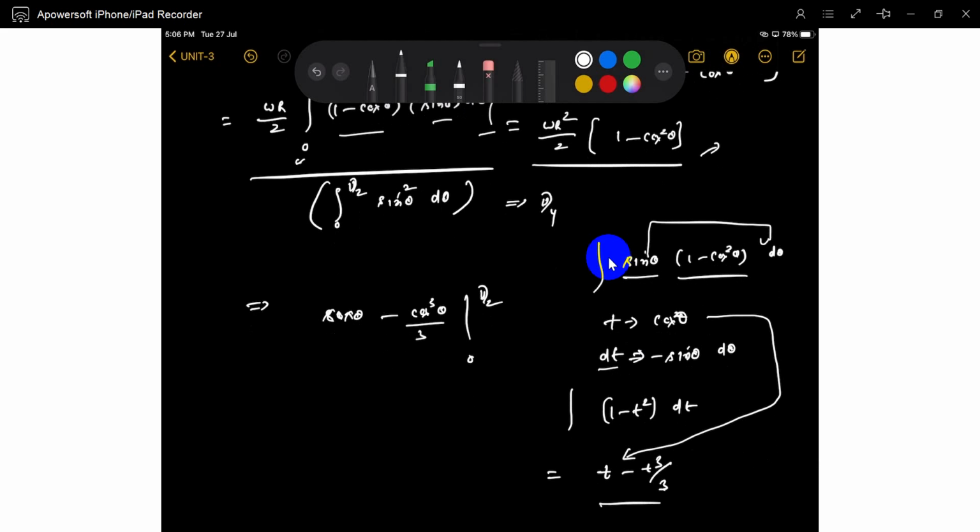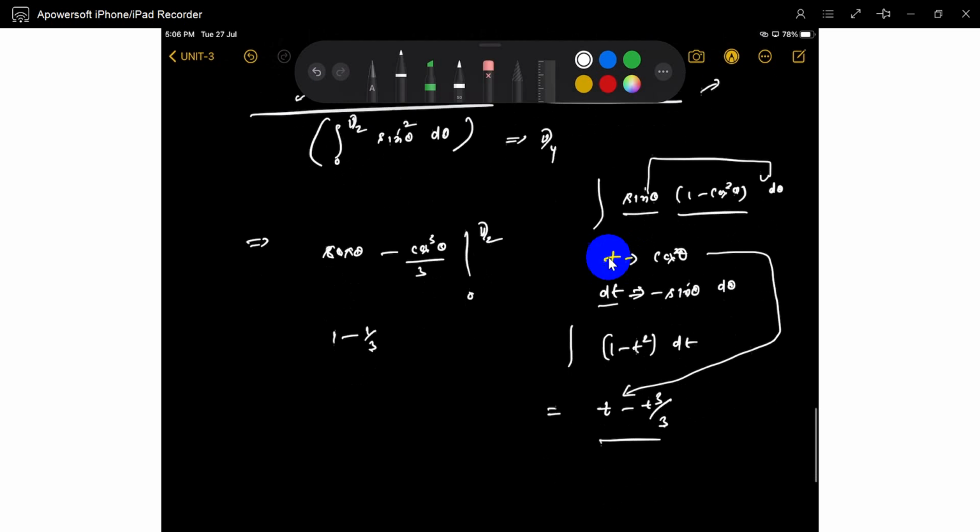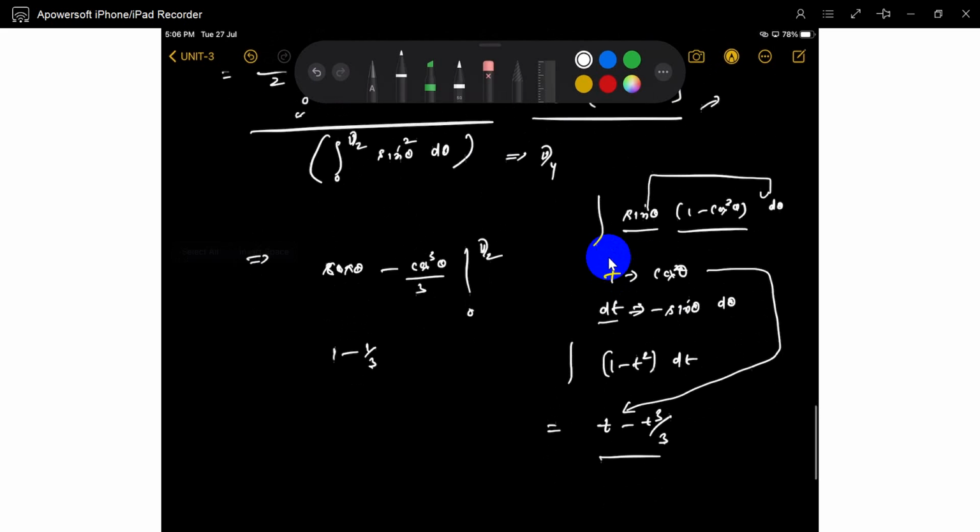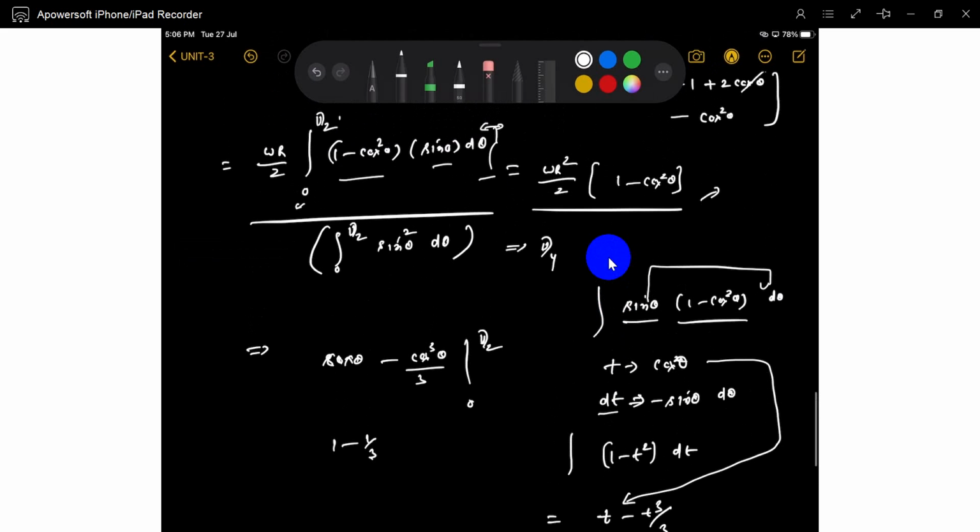If you put pi by 2, both are 0. If you put 0, we get 1 minus 1 by 3. So that is the value, 2 by 3.